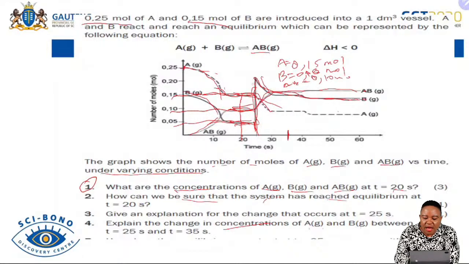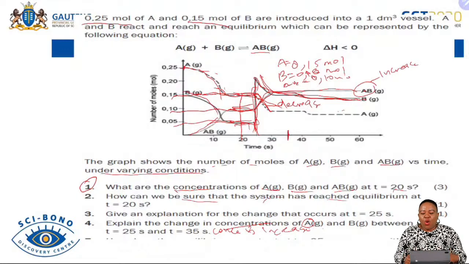So what happened here is that there's a sharp increase in the concentration of B, so it means the concentration of B was increased. And as the concentration of B was increased, the concentration of A will do what? The concentration of A will decrease, resulting in the concentration of AB being increased.